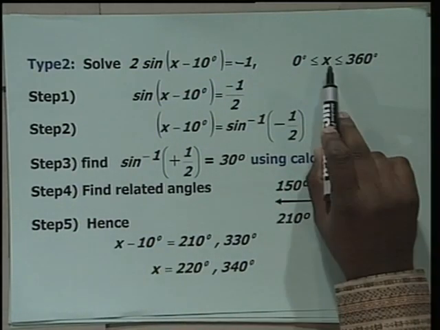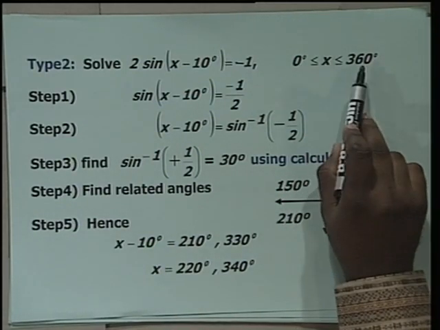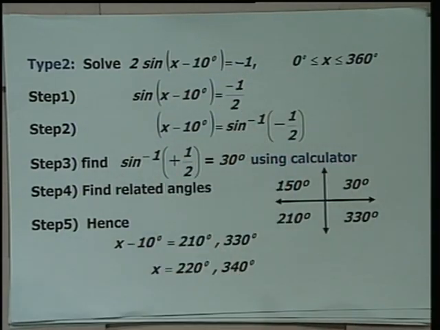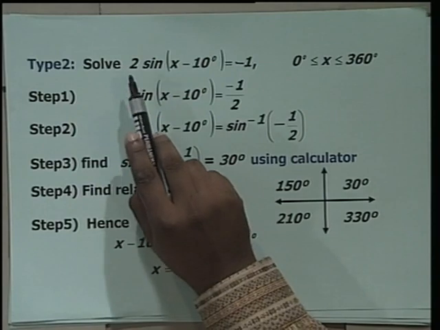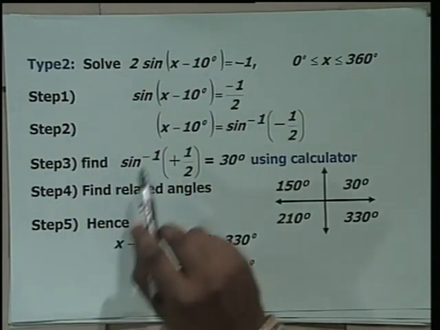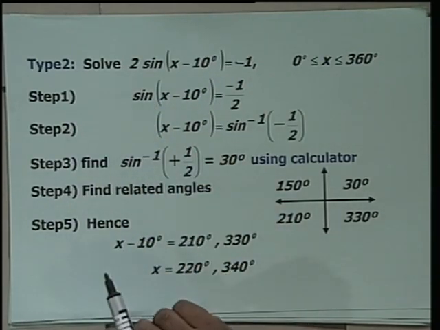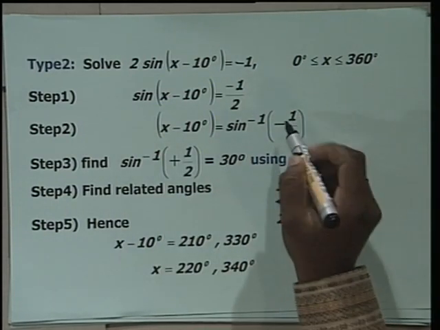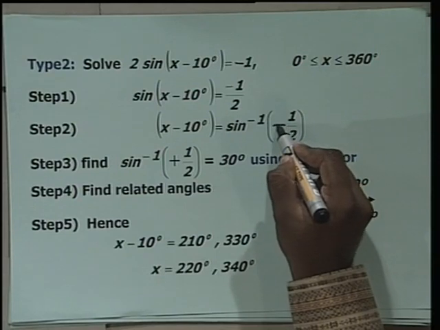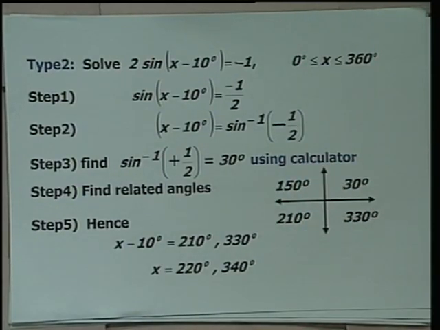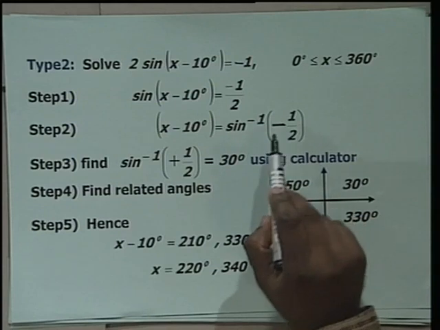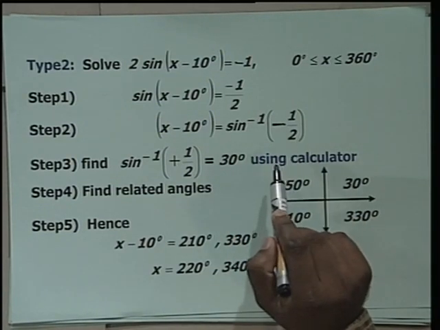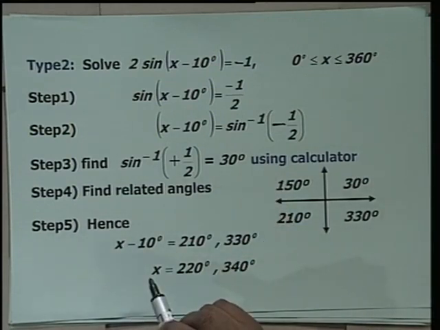That is, we are looking for all the angles between 0 and 360 degrees which satisfy this equation. Again, the first step would be to divide by 2 and then take the inverse sine function, so that x − 10 will be sine inverse of minus half. Now, if you perform sine inverse minus half on your calculator, you will get minus 30 degrees.